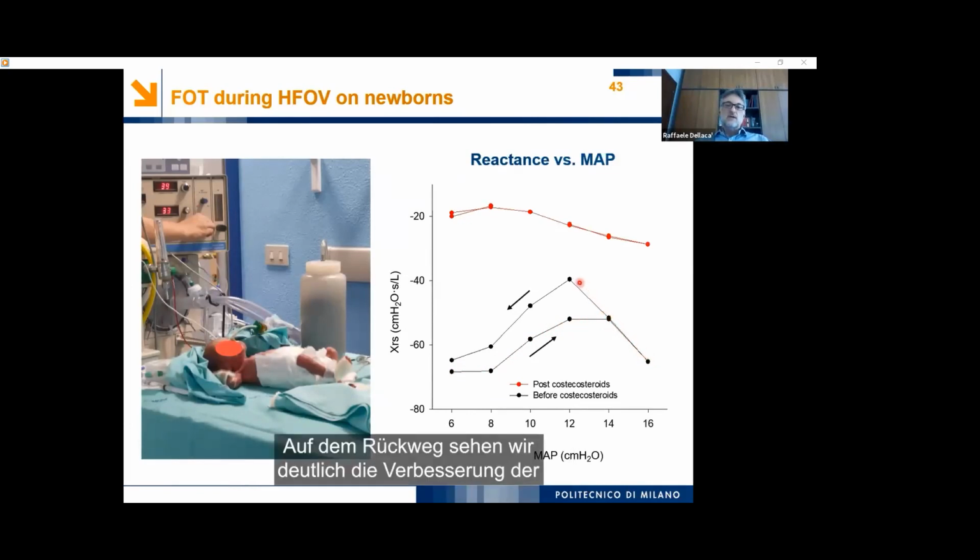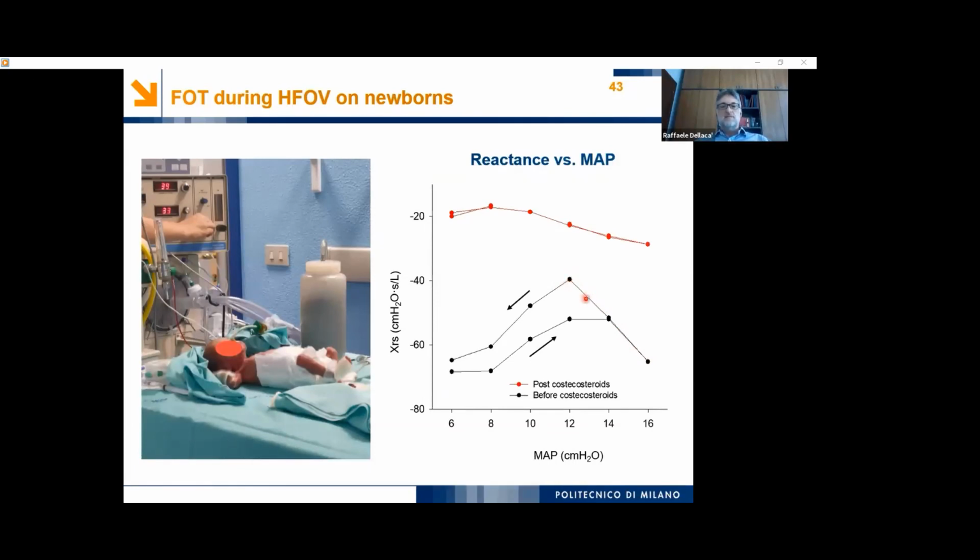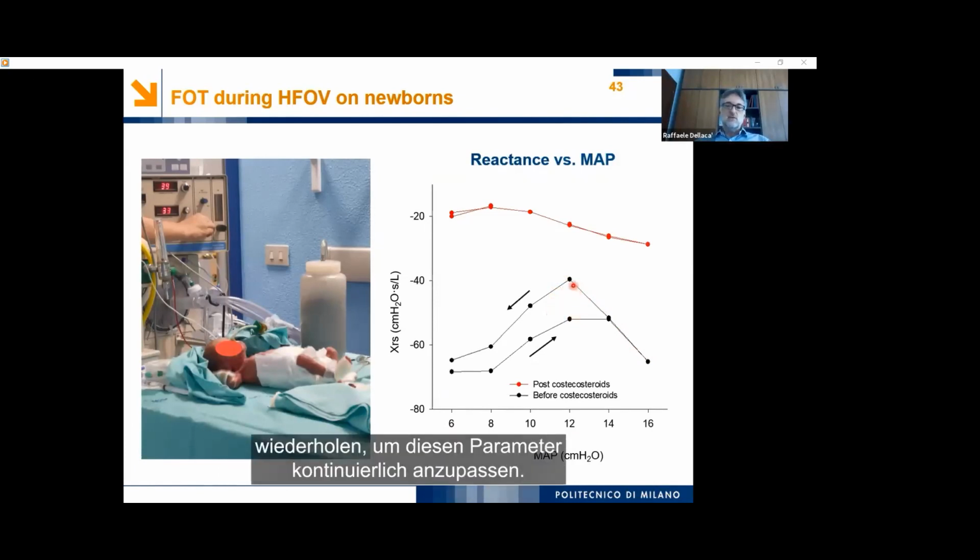On the way back, we can clearly see the improvement in the reactance and the maximum that is representing our optimal mean airway pressure. By using this system, we can keep the best mean airway pressure in the ventilation setting, and we can repeat this test with time to continuously tailor this parameter.